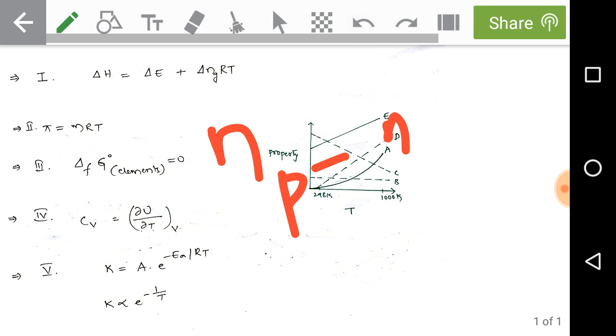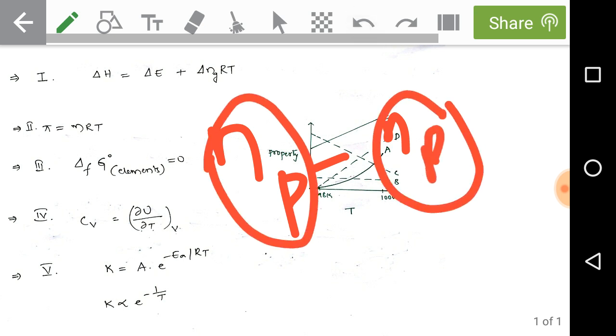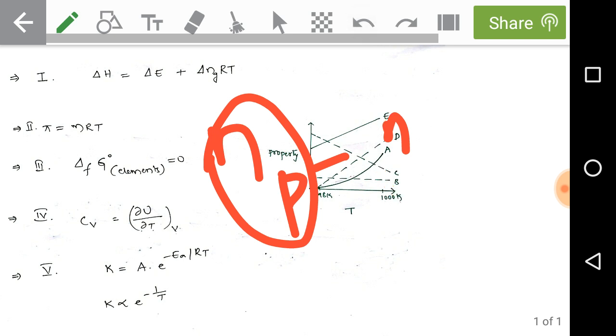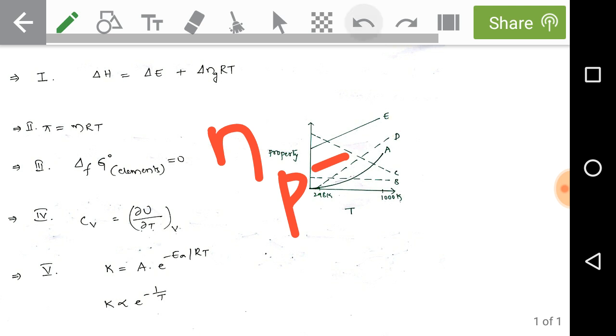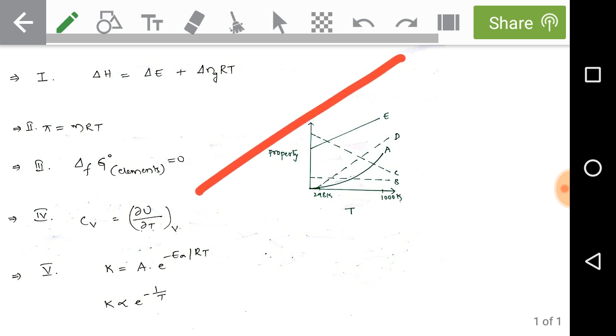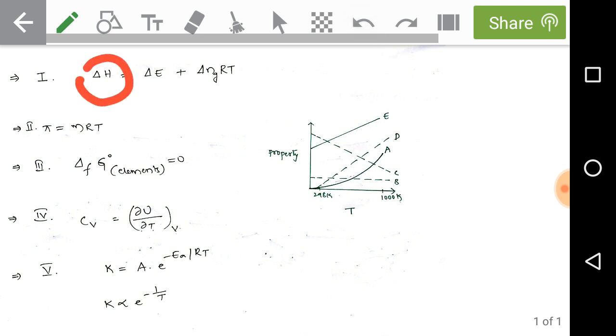Here Np indicates the number of moles of products and Nr the number of moles of reactants. The information that the number of moles increases from reactants to products indicates that delta n is positive. That means whenever the number of moles increases from reactants to products, the change in enthalpy also increases.